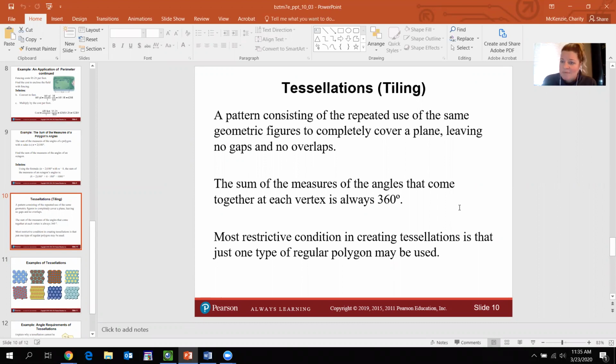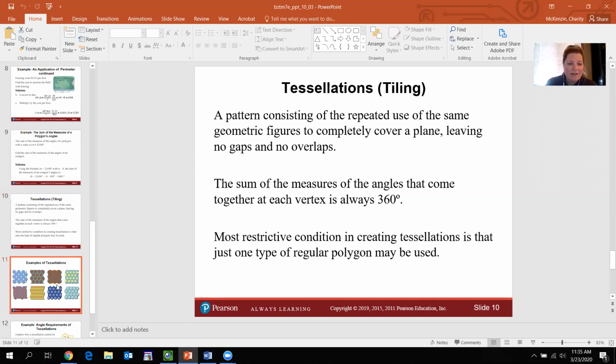So tiling is just the idea that at the vertex, at the corner, it has to be all the way around, and that's 360 degrees. So we know that we can take a square and it'll tile, and there'll be 4 of them meeting at that corner because 4 corners will add up to the 360.